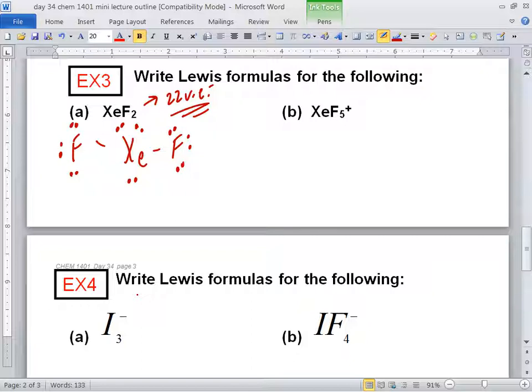So hopefully you're coming up with 42 valence electrons for this, right? 8 plus 5 times 7 minus 1. 35, 40, 42 valence electrons.